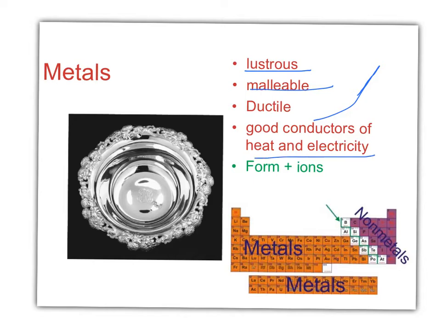Of course, they tend to form positive ions because they have a low ionization energy. It's easy to remove their outer electrons, it doesn't take much energy, because they have all that shielding from the inner core electrons.